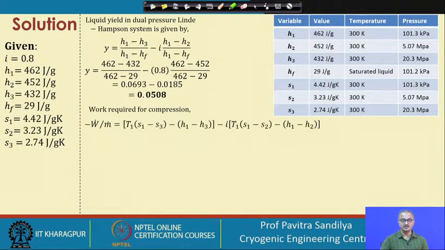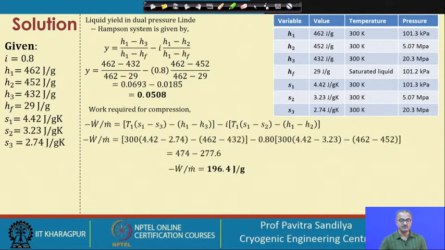On the other hand, let us see the work of compression. Here again we write the work of compression. We derived the expression earlier, and here the first term represents the work done for the simple Linde-Hampson, and the second term is the contribution, which comes with a negative sign. That means that, due to dual pressure, the second term reduces the total work done, and this work done is found in terms of the total mass being processed.